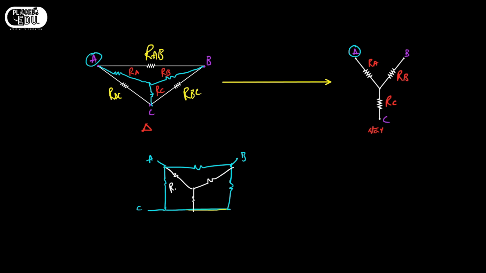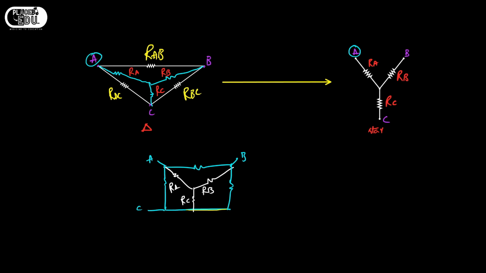This is RA, this is RB and this is RC. Understood? These are the rules you should follow while transforming delta to star. That's nice. Then what is the formula?